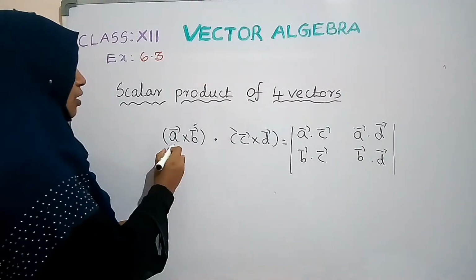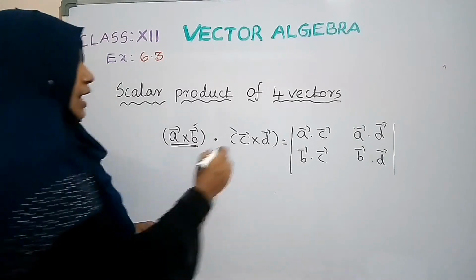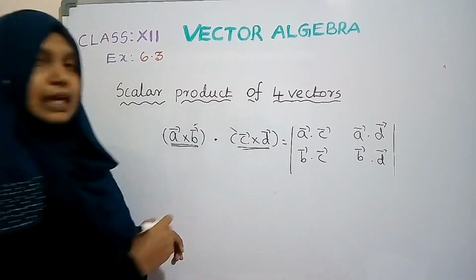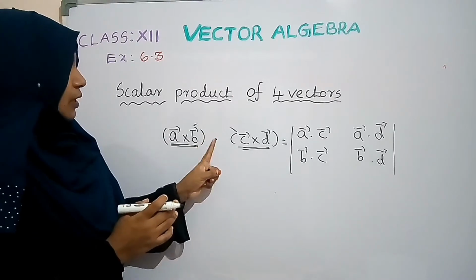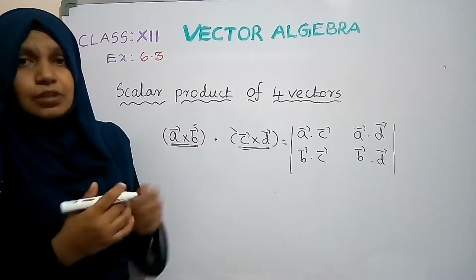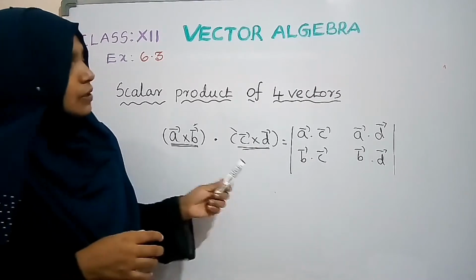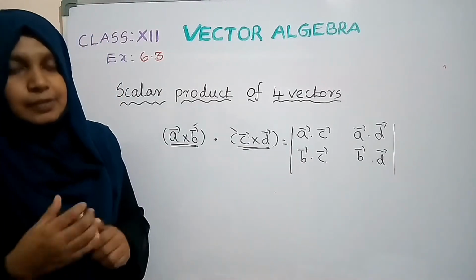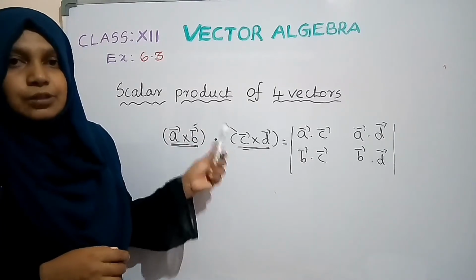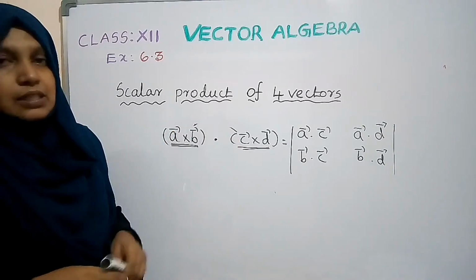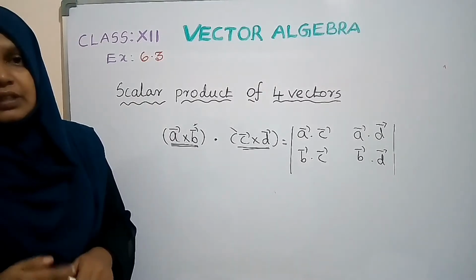First you should find the cross product between A and B and then the cross product between C and D, and with those answers you should calculate the dot product. Then also you will get the same value. I think the right side is a little bit easier for you. We have a question related to the scalar product of 4 vectors in exercise 6.3.